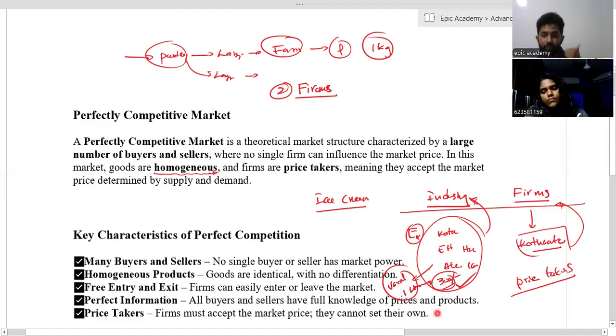Okay, if Kotmale decides, no, I'm using separate or valuable input for producing vanilla 1 liter, I'm not going to accept that price, I will label the price 450 rupees for 1 liter of vanilla, then Kotmale becomes a price maker, not a price taker. Did you get the idea?